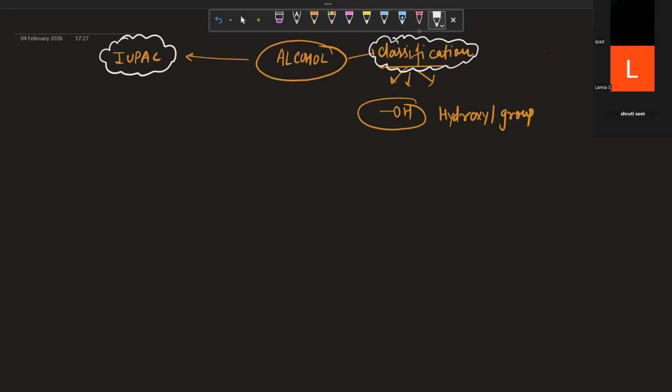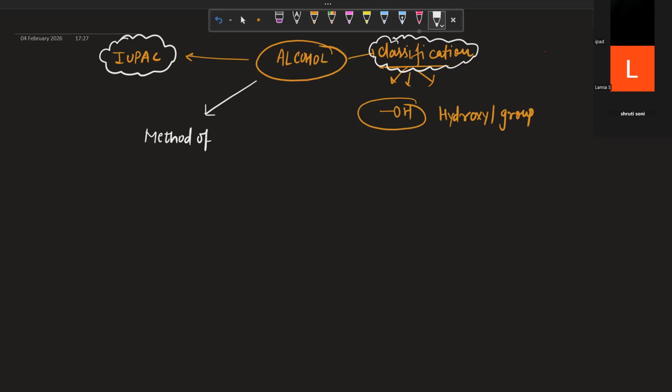If there are other groups, you mention them, the carbon numbers they are on, how many of them there are, and use the prefixes. Then use the suffix for the hydroxyl towards the end.